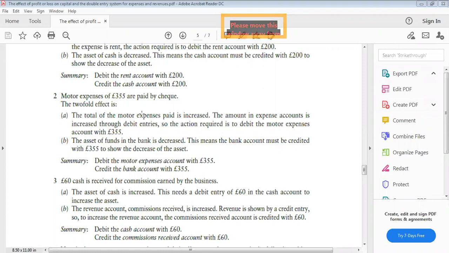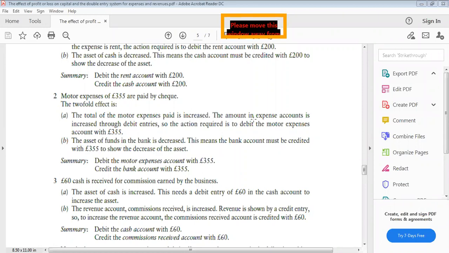Anyways, the total of the motor expenses paid is increased. In this case, motor expenses of $355 are paid by check from the bank account. The twofold effect is that the total of the motor expenses paid is increased.